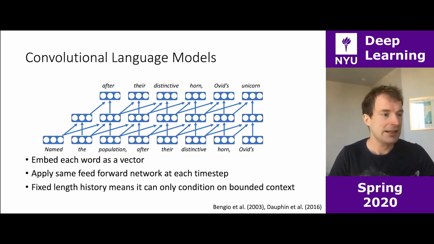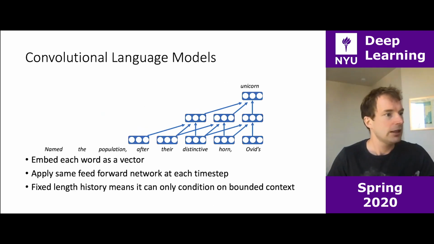There's one downside, which is that they're only able to condition on a certain receptive field. So in this toy example, this word unicorn could only condition on the previous 5 words because of the kernel width and number of layers we're using here. Obviously, realistic convolutional models have a much bigger receptive field, but natural language tends to have extremely long-range dependencies.